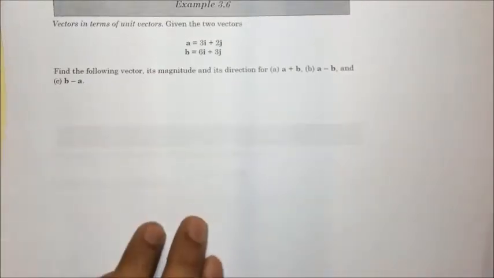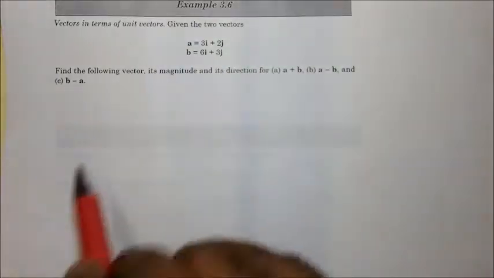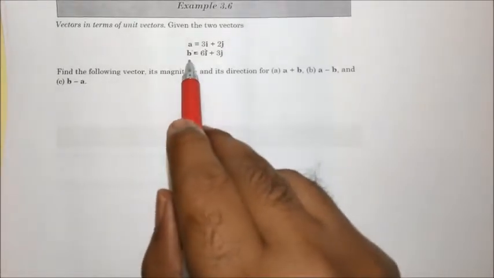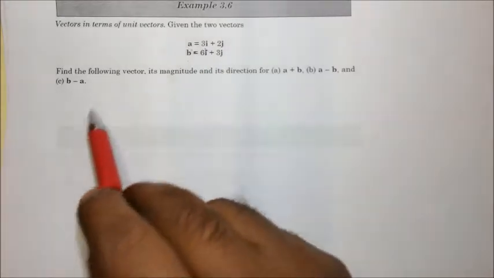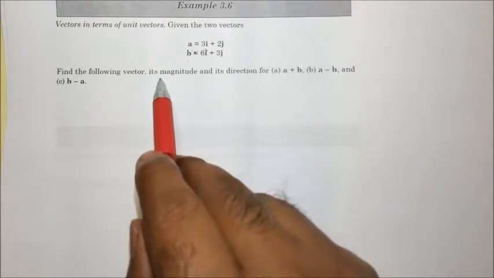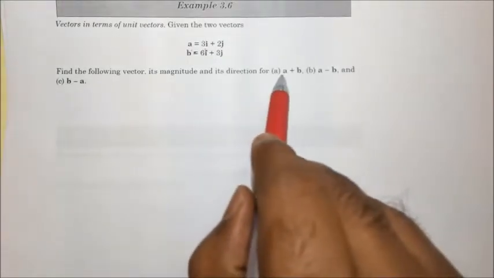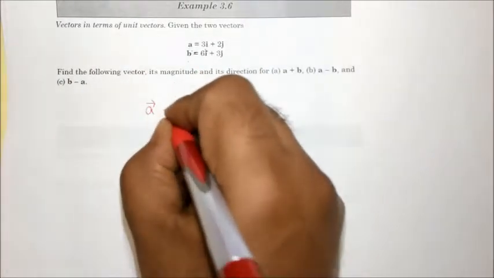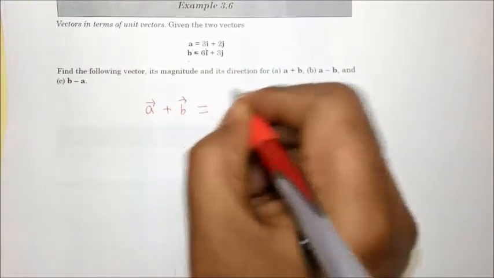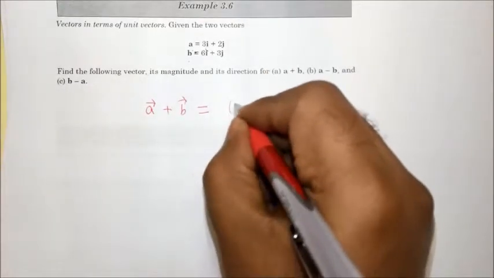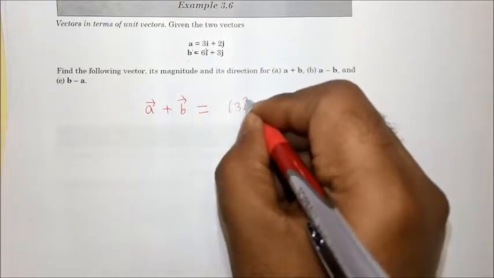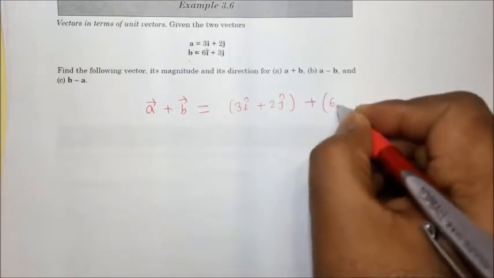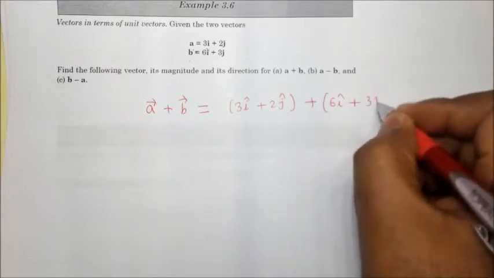Let's do another example. Given the two vectors A and B, vector A is 3i plus 2j, vector B is 6i plus 3j. Find the following vectors, its magnitude and its direction for vector A plus vector B. So vector A plus vector B is going to be 3i cap plus 2j cap plus 6i cap plus 3j cap.